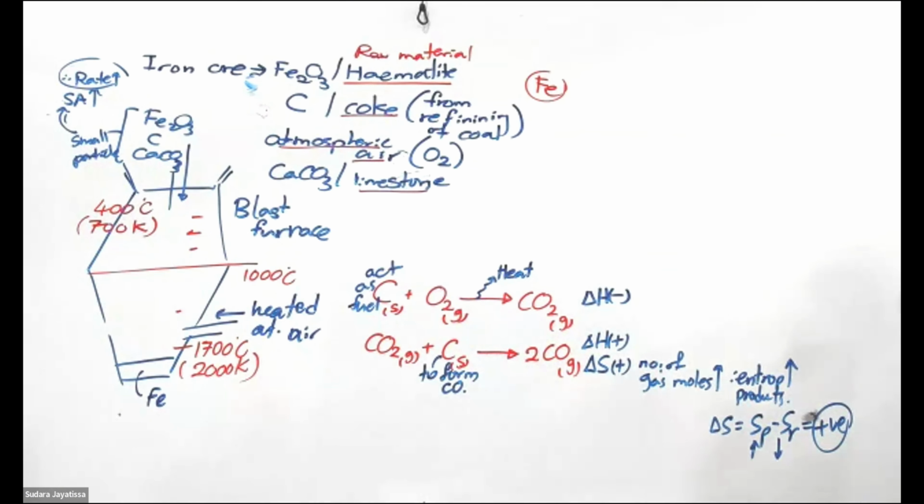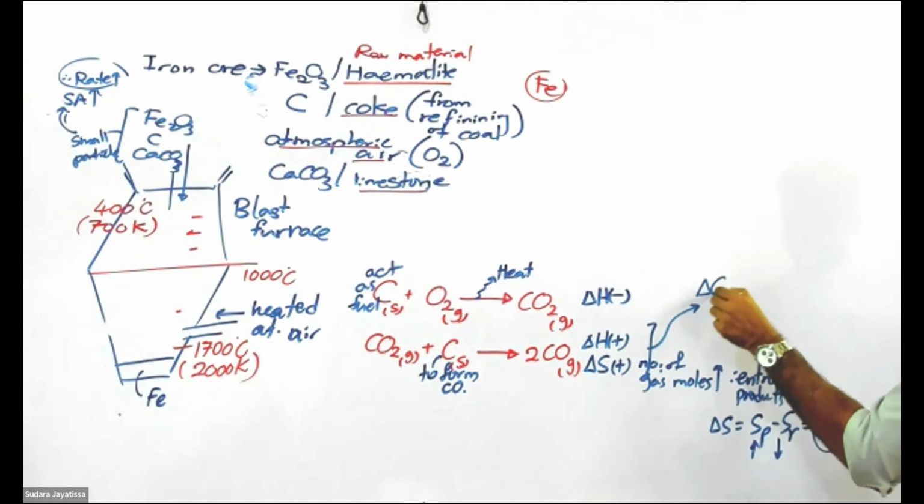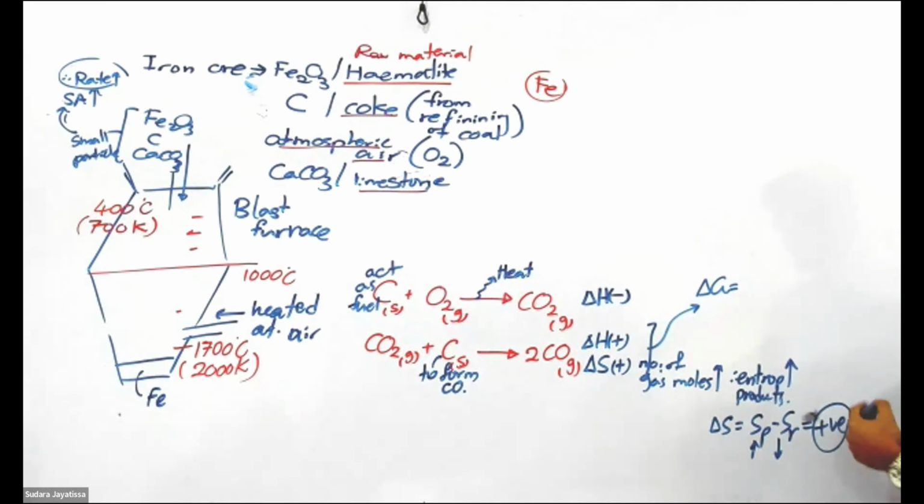Now we can understand where I'm going with this data. Once we know the entropy and enthalpy changes, we can predict the spontaneity of this reaction. So what is the formula?